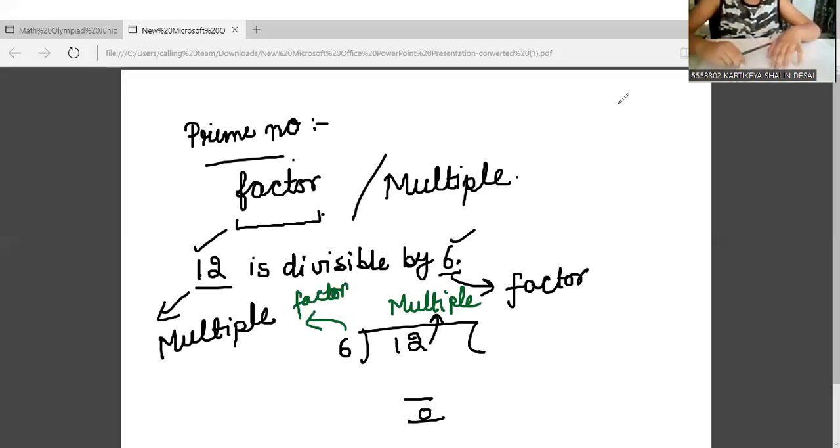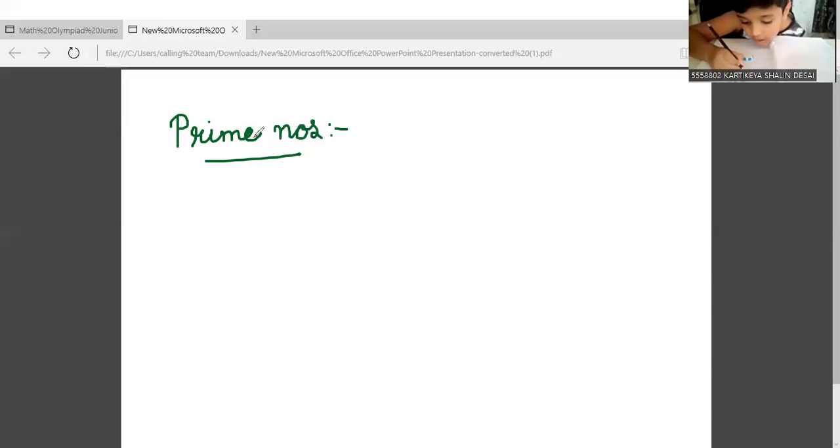Okay. So now let us come to the category we were discussing, that was prime numbers. Kartikeya, you told me that any number which has two factors is called a prime number. Yes, so this is one of the definitions.